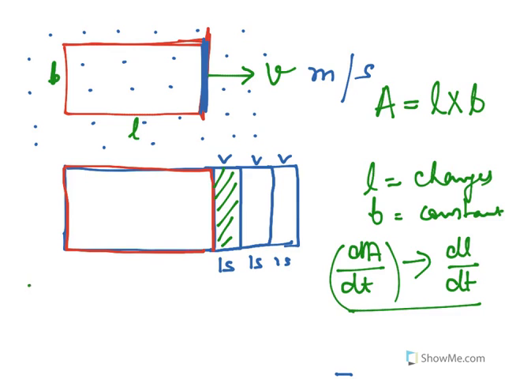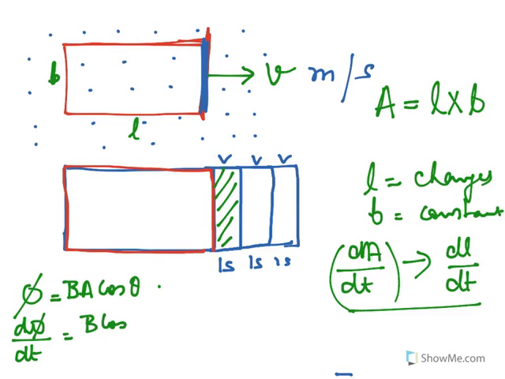So phi, which can be written as BA cos theta, d phi dt can be written as B cos theta dA dt. Since B remains constant, this can also be written as B cos theta, with B taken out, and this is due to dL dt.